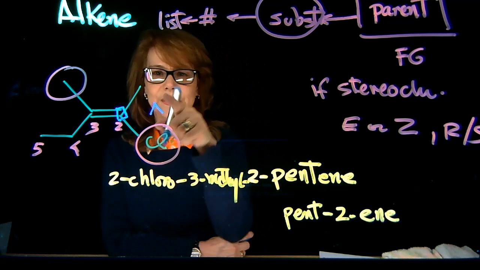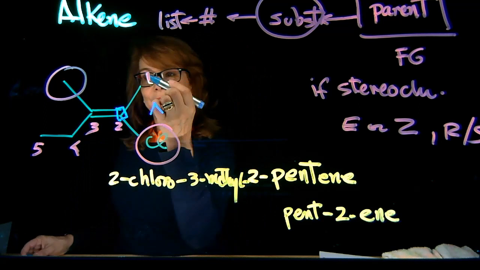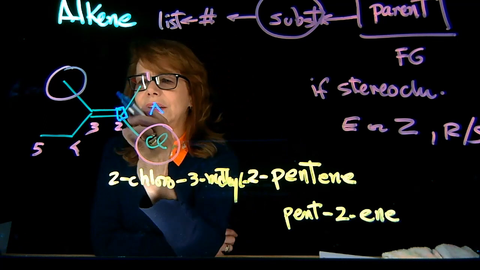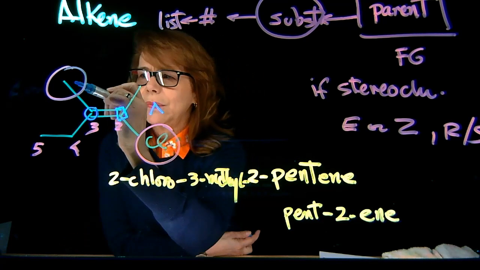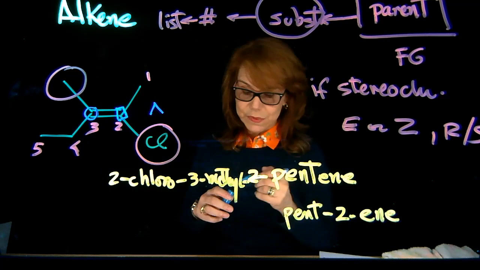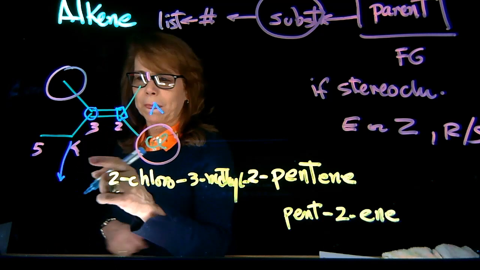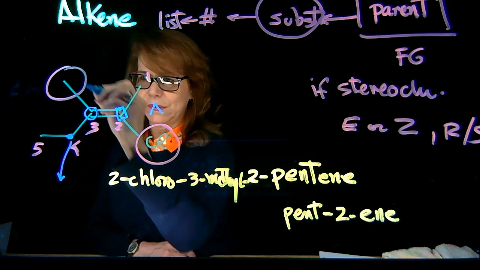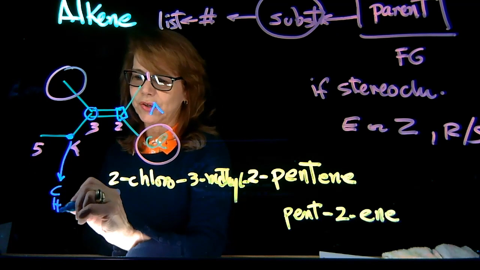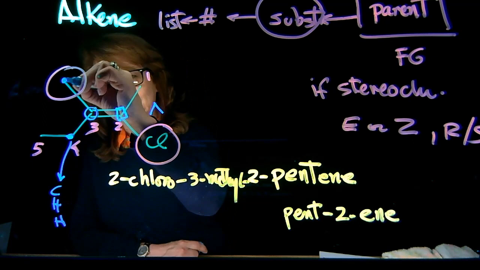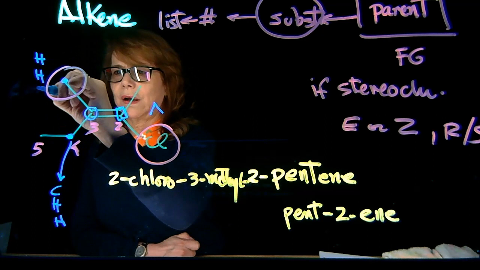So higher priority is chlorine over the H. Now at the other vinylic carbon, let's draw a circle this time, I have a carbon here and a carbon here. So it seems like we have a tie, but they're not identical. The carbon here is attached to this carbon and 2 H's. The carbon here is a methyl, so it is attached to 3 hydrogens.